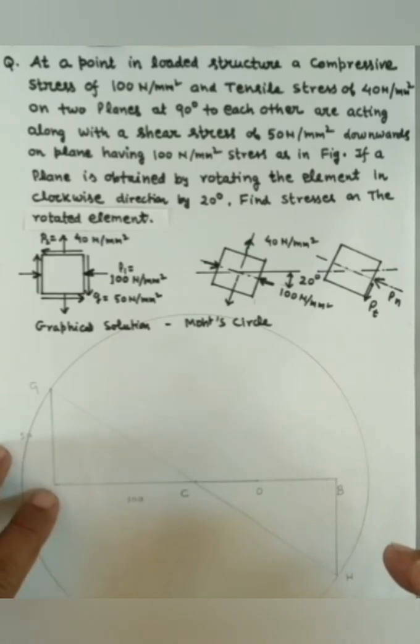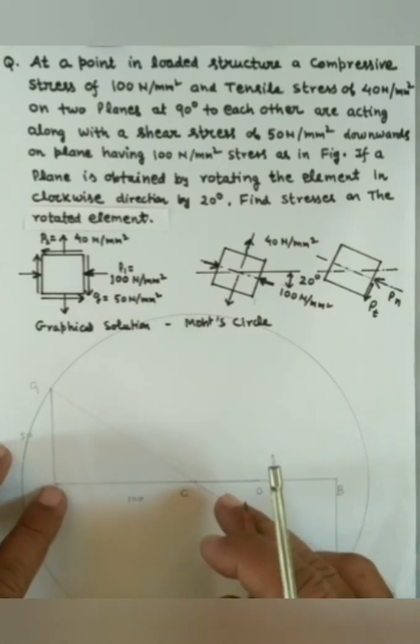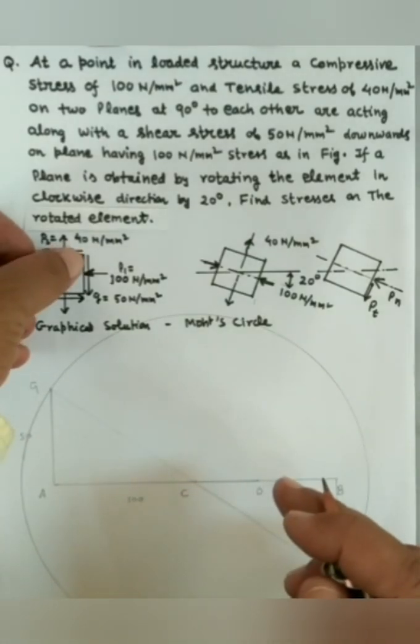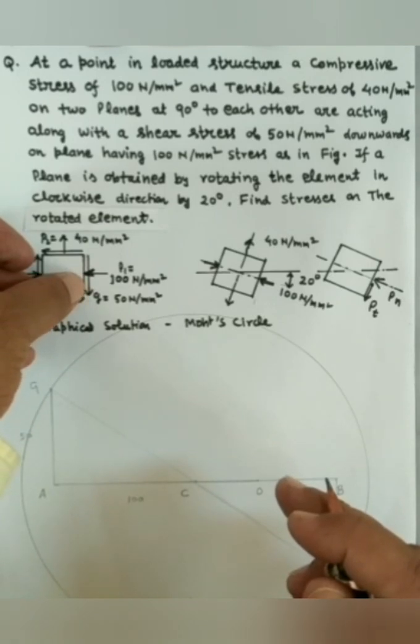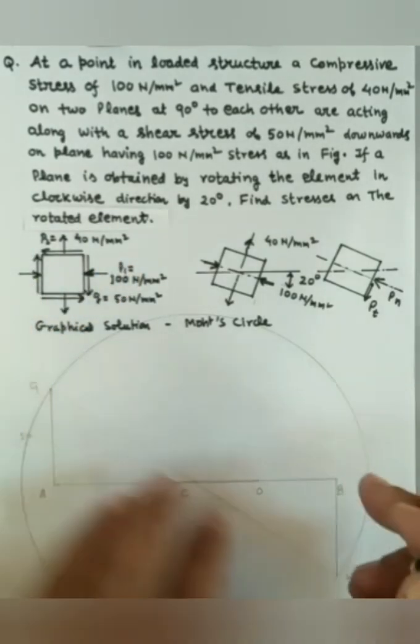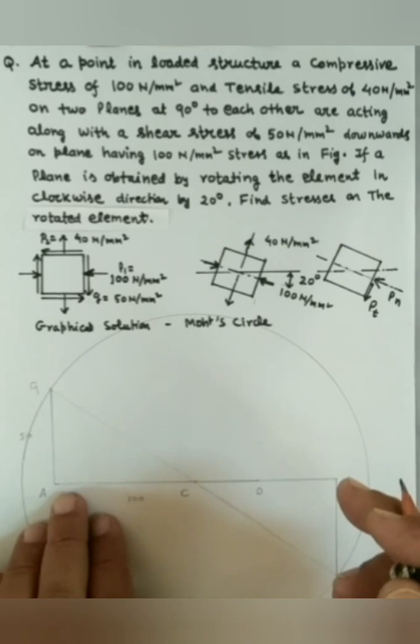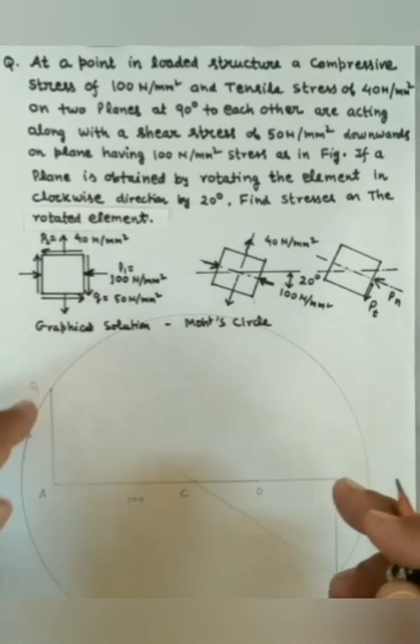Now the rotated element is obtained by rotating 20 degrees in the clockwise direction. So a clockwise angle is taken negative.